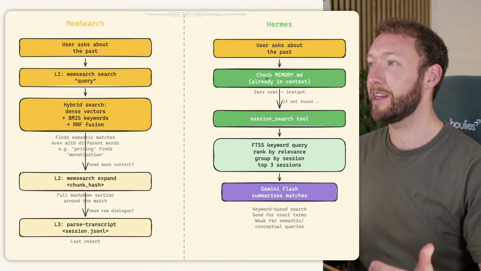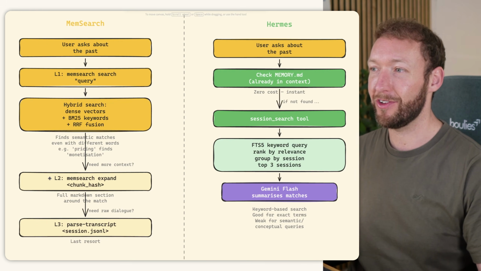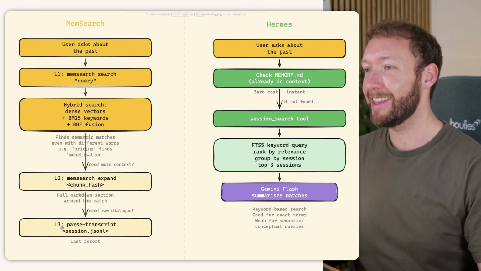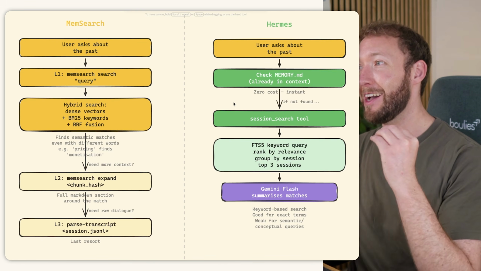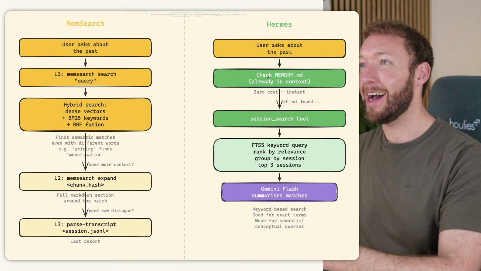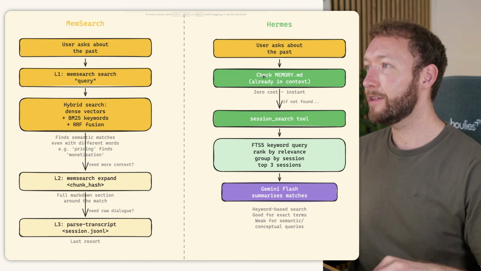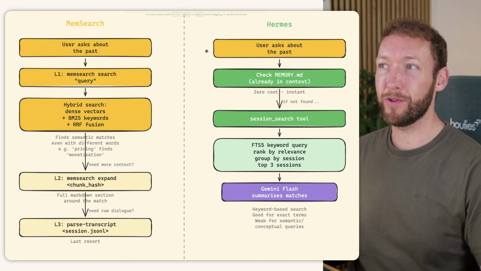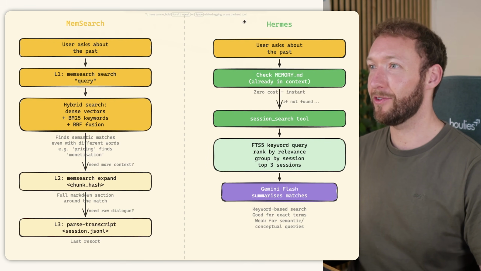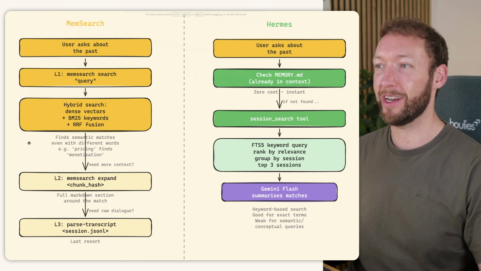So check what's already in context before jumping down into the MemSearch hybrid search, the MemSearch Expand, and the level 3 down here. So what we'd ideally do is grab this memory.md check and put that into the MemSearch flow so that we have a hybrid of both of those. We can treat this step as almost like a level 0 between MemSearch and Hermes, so that we check what's already in context before we go deeper and check the vector database.